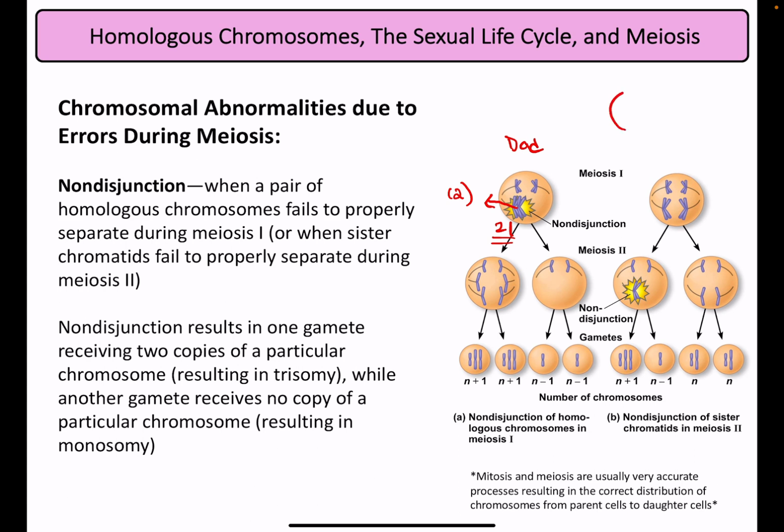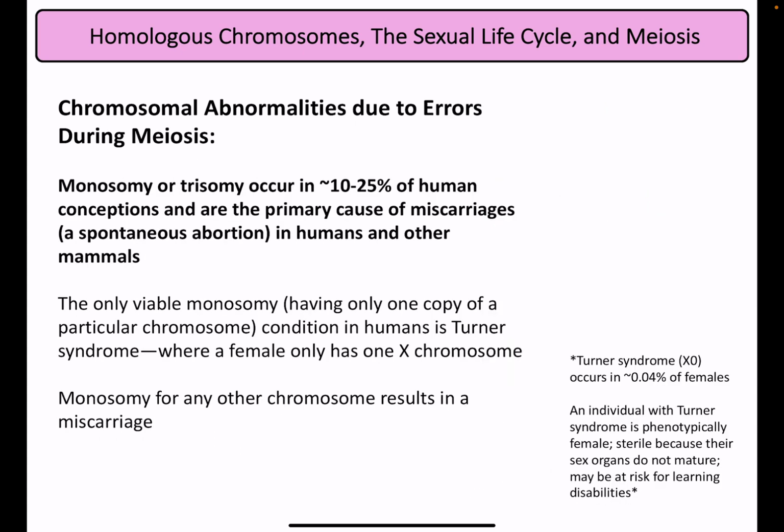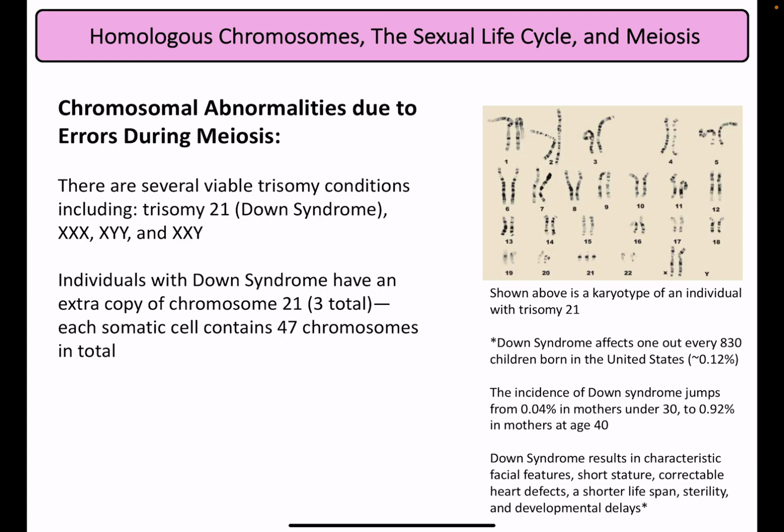But it still needs to fuse with the egg, and the egg also has a copy of 21. So once fertilization happens, the result is going to be a fertilized egg with 3 copies of chromosome 21. That has a name, called Down syndrome, also known as trisomy 21. 3 copies of chromosome 21, as you can see here in this picture. So that's one example of a condition where you can have 3 copies, 47 chromosomes in total.